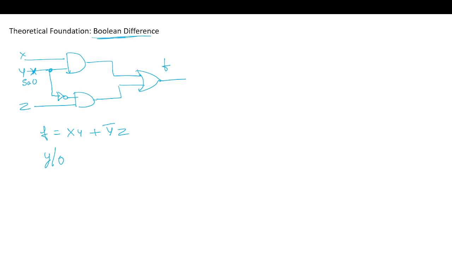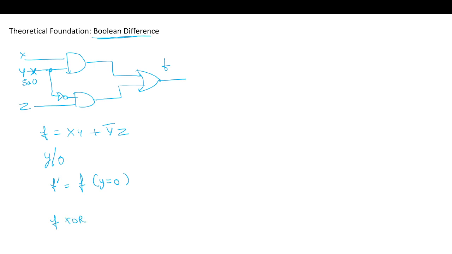We want the faulty and the fault-free values to be different. To obtain the faulty circuit, we want y to be permanently equal to 0, and say f dash is f with y equal to 0.